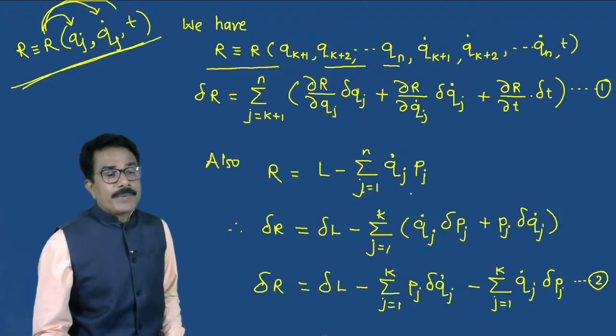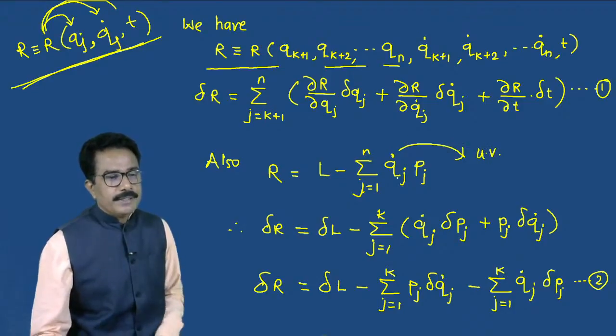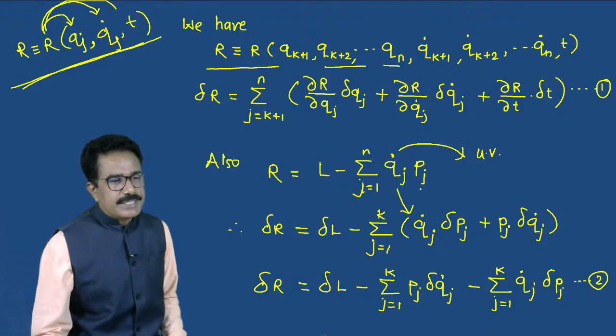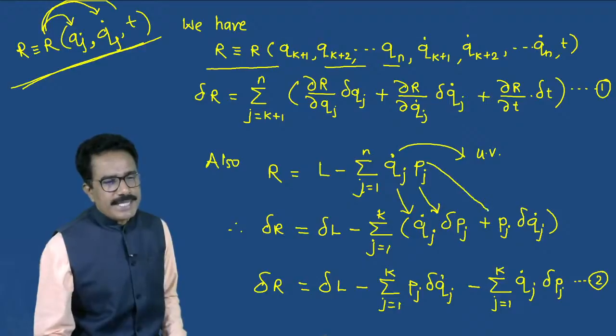Now here use the product rule: derivative of u into v is first into derivative of second plus second into derivative of first.